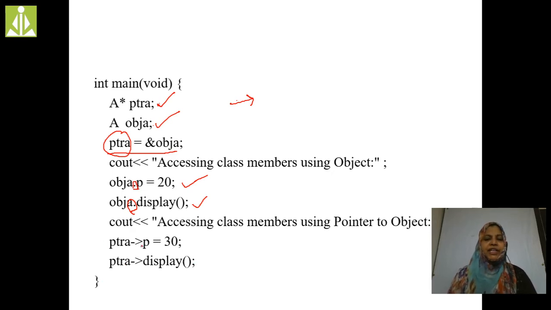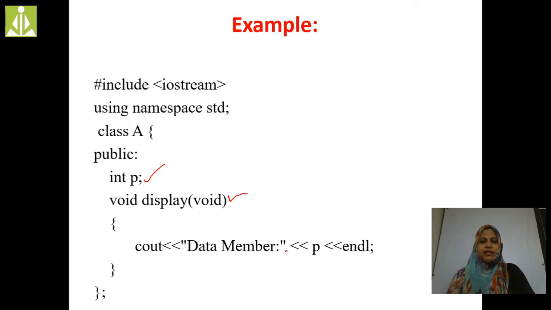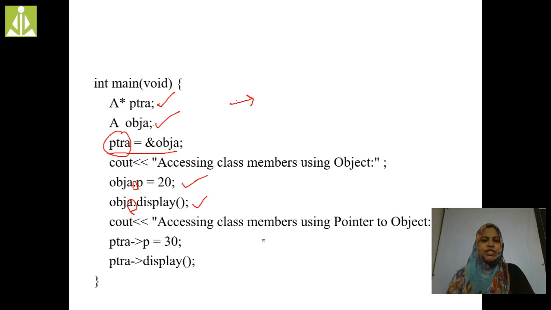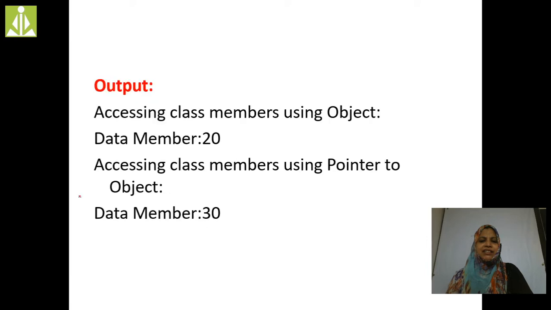Now, what is my output here? Accessing class members using object, data member is 20. Accessing class members using pointer, data member is 30.